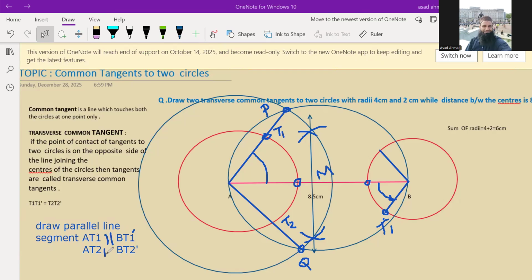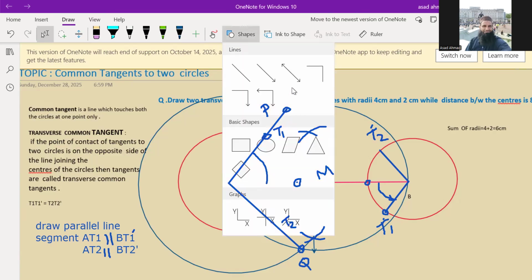So draw parallel lines like this one. This is a symbolic representation. Once the parallel lines are drawn, you have gotten the points of contact for the tangents. This is T2 dash. Now simply join these points of contact with the help of a straight line to get the tangent lines.